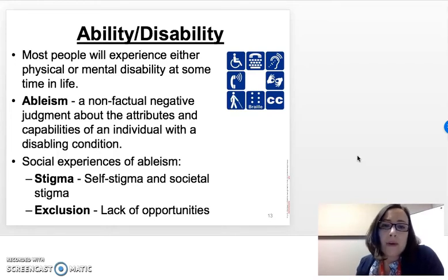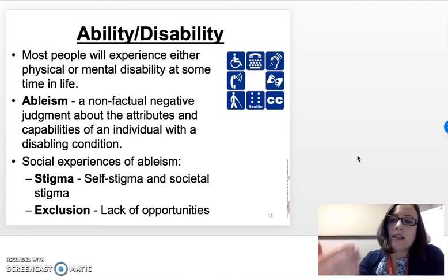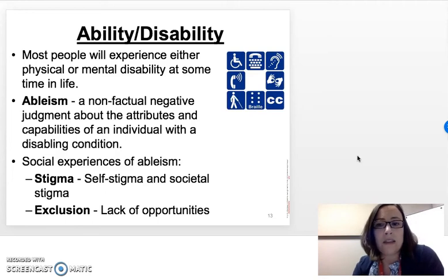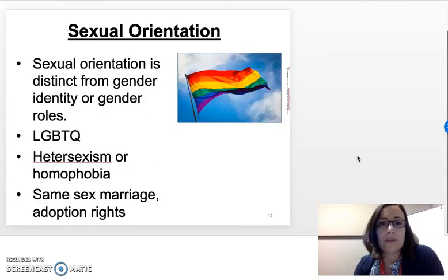So that's a really important piece to keep in mind. Now, we're doing a lot better in our society in general when it comes to improving accessibility for folks with disabilities. But we can always continue to improve. So this is one area of diversity that's very important to be aware of.